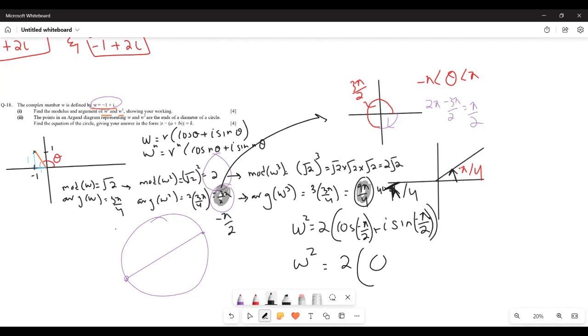So we get a 0 here. And then what is sine minus pi by 2? That is minus 1. So minus iota. So w square is just 0 minus 2 iota.